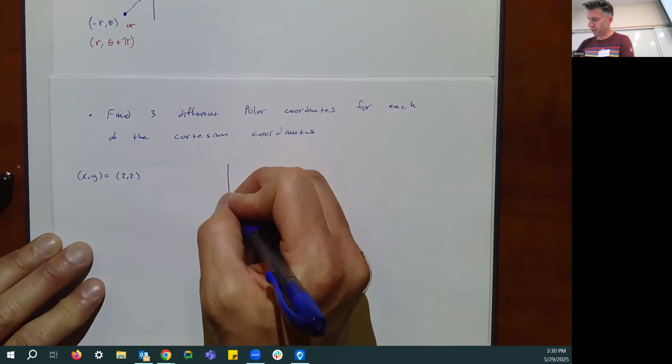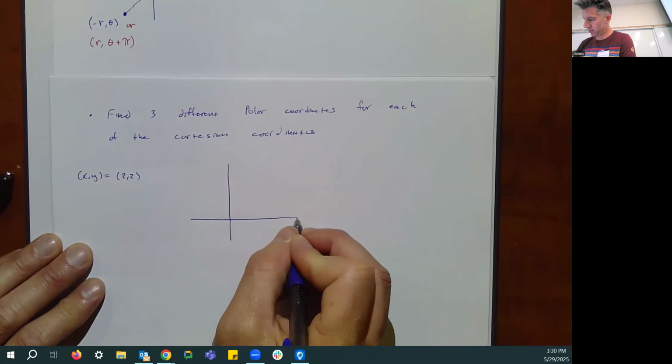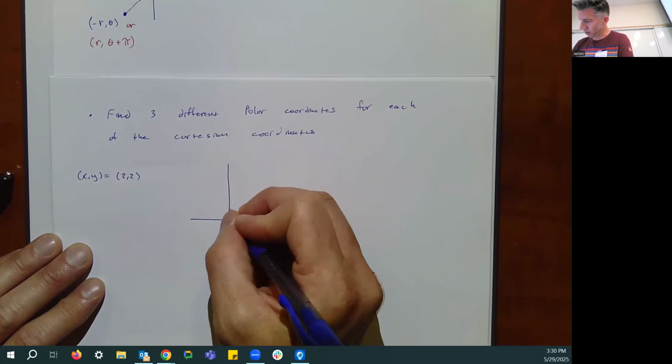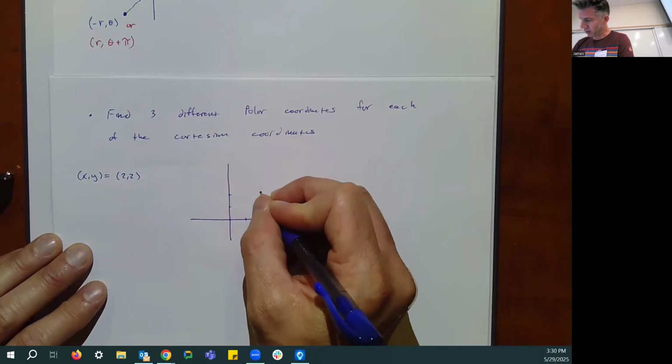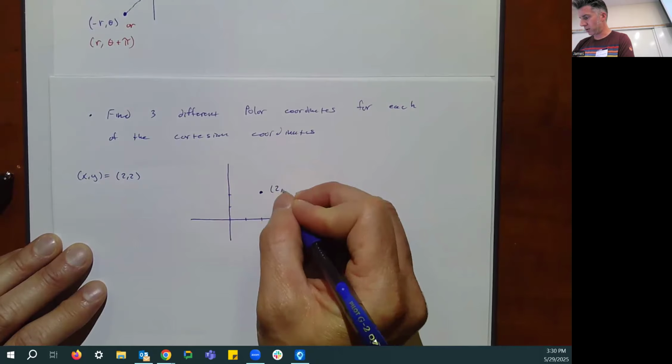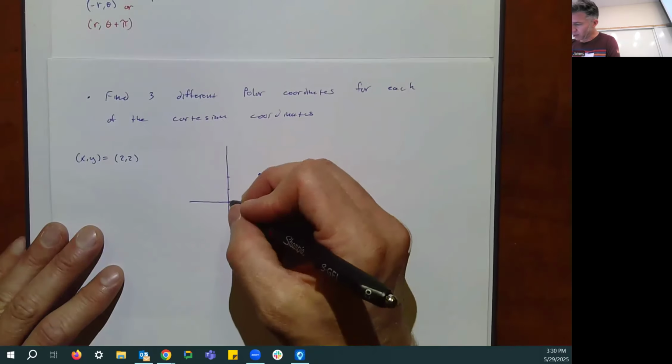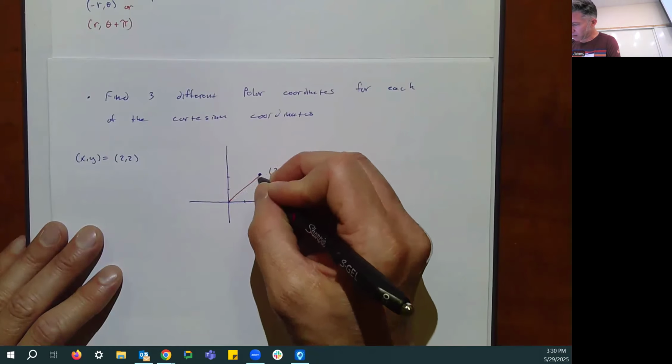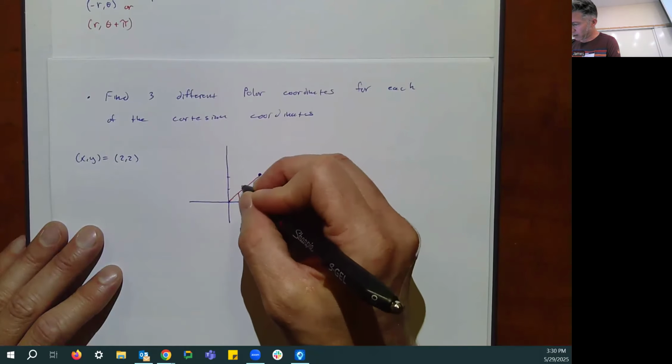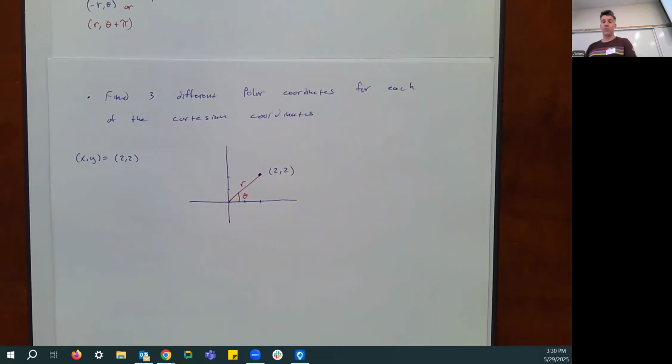I'm going to graph it. So over 2, up 2. So there's our point using Cartesian coordinates. So now I'm trying to think about a way of writing an angle and a length. Well, one of the easiest answers is just to use the relationships.